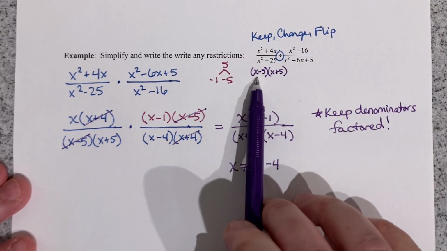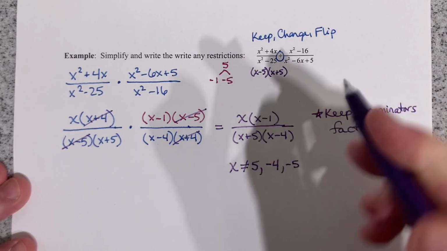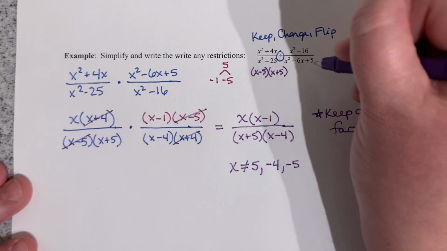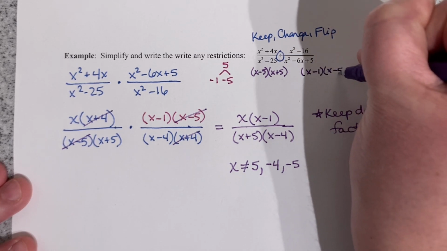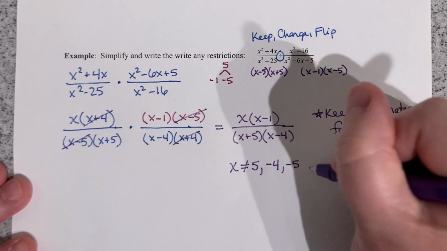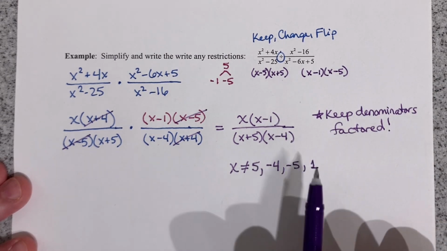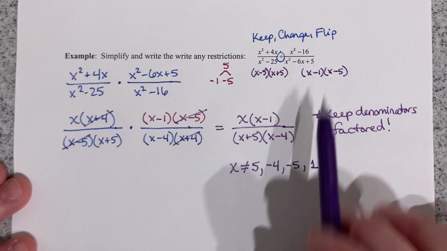So we cannot have x be 5 or negative 5. Those two would make the first fraction divide by 0. And then in the second fraction, that factored to x minus 1 times x minus 5. So we have the 5 already, but there's this additional 1 that has to be in that restricted domain because before we flipped, that would make the original problem divide by 0.